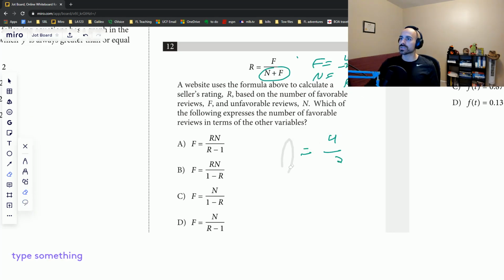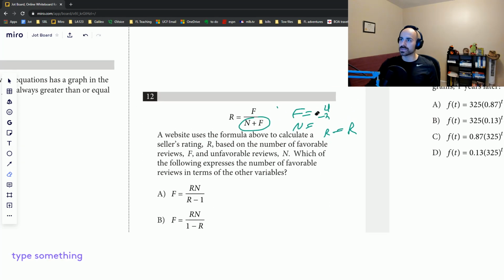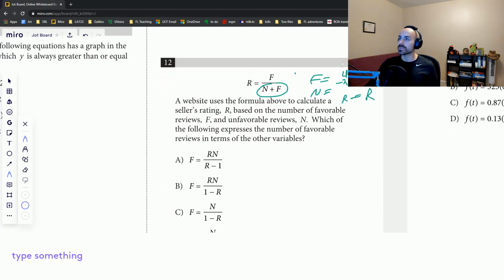So the question is, if I were to plug in these same numbers, which one would give me 4? If I plugged in -2 for n, and 2 for r, which one here would give me 4 equaling f? And there's only one, and that would be B.